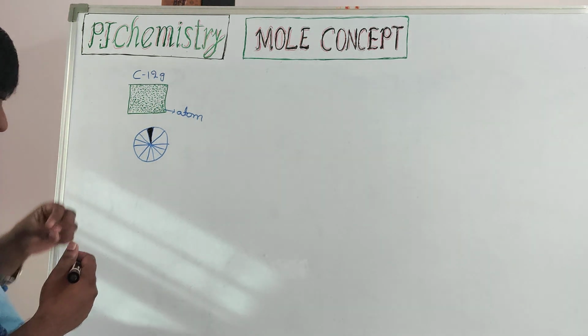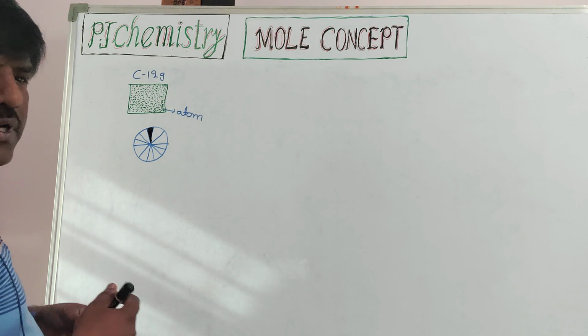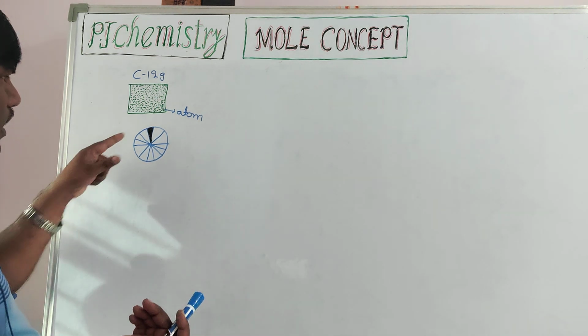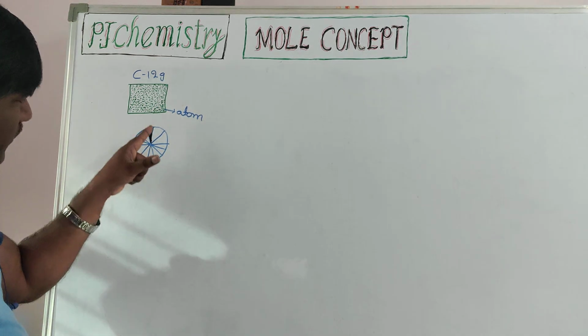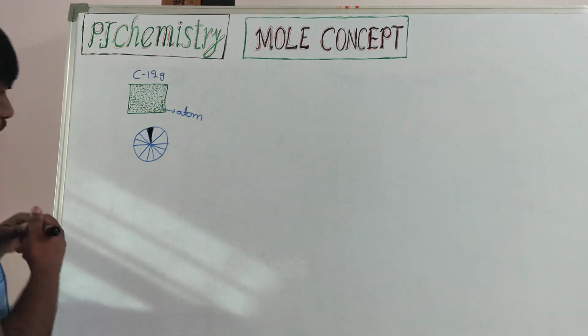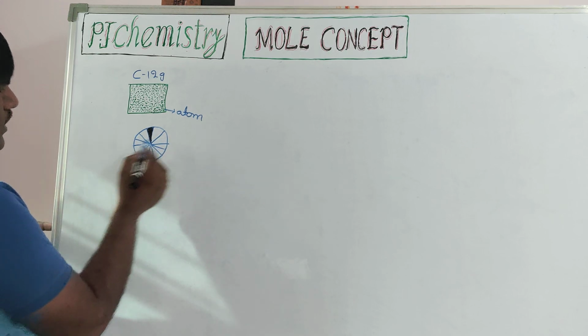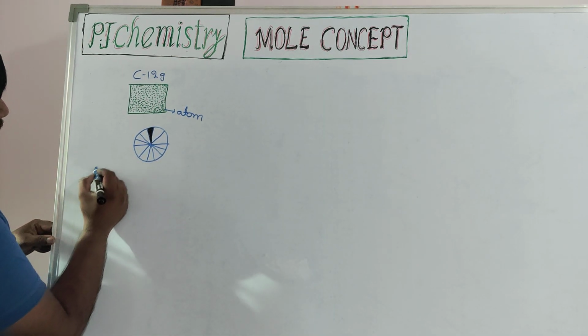Every nucleon is nothing but a proton or neutron. Mass of proton is 1.66 into 10 to the power of minus 24. So here every unit value is common, 1.66 into 10 to the power of minus 24. So first, this is divided into how many parts? AMU.